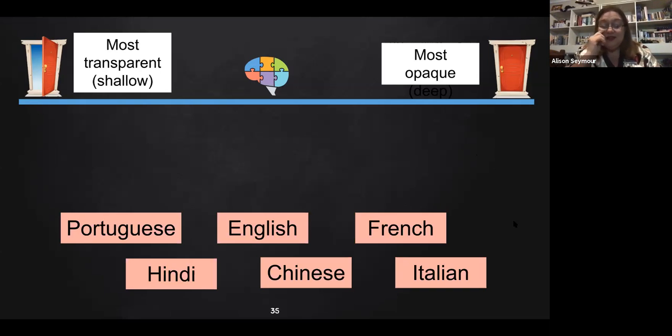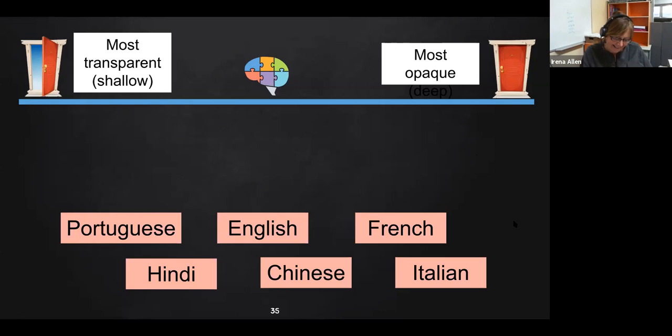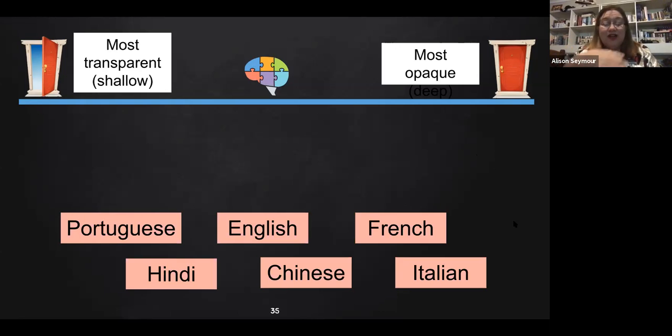Interestingly, those are the three Romance languages. English is actually quite an opaque language simply because of all of those different vowel combinations that we have. I meant to check the exact percentage. It's actually got quite a high percentage of phoneme-grapheme correspondence, something like about 70%. But the remaining 30%, there are just so many combinations that it makes it quite opaque and difficult when people are trying to learn to read it.